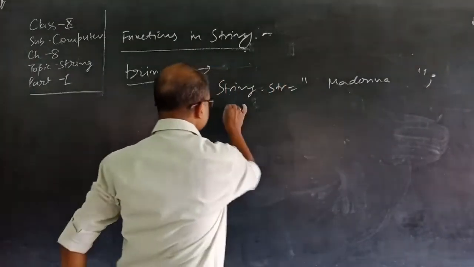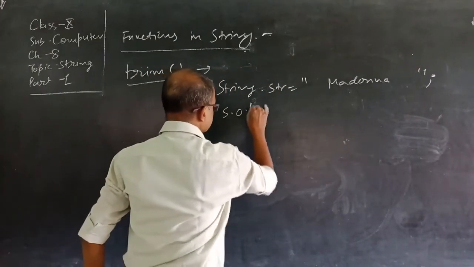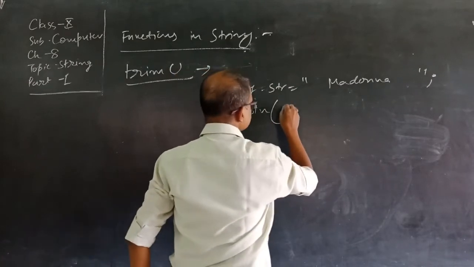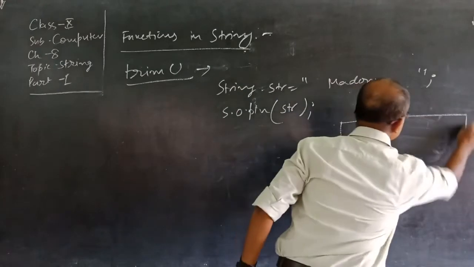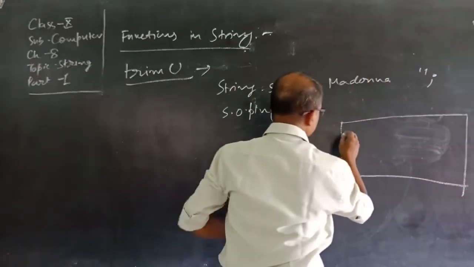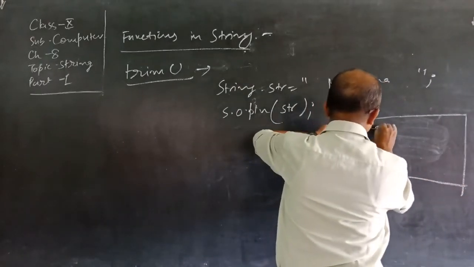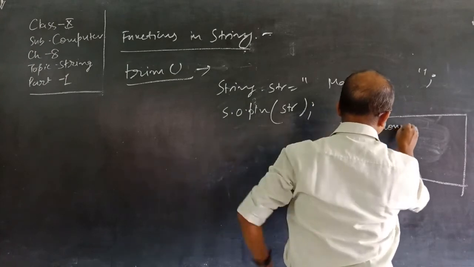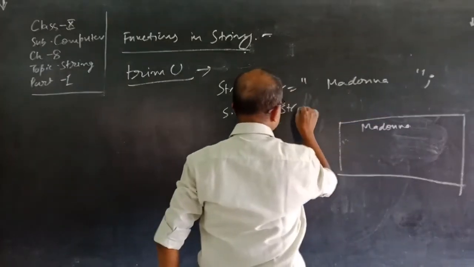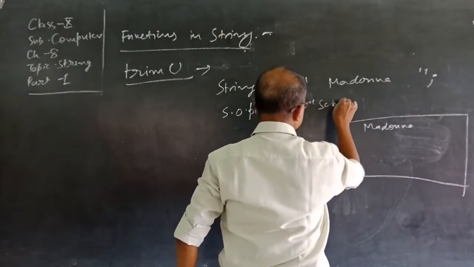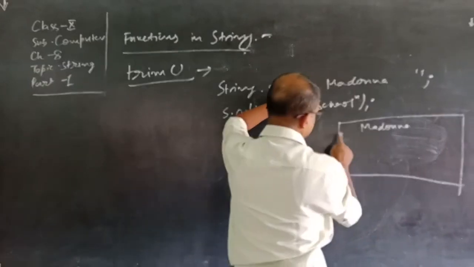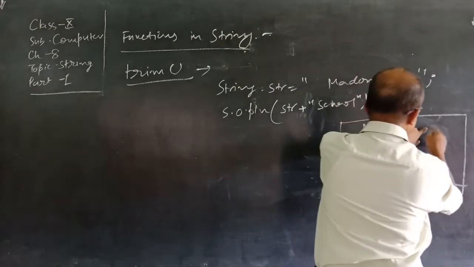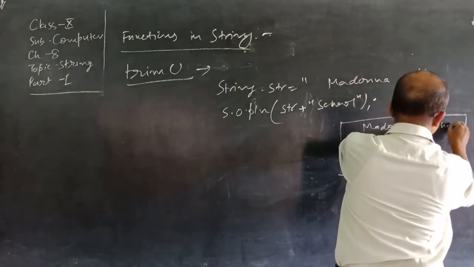If you print System.out.println(str), simple, you will print str. Here is a space before Madonna, and here I am going to concatenate plus school. Then what will be the output? Before Madonna there is a space, after Madonna a space, and after the space it will return you school.